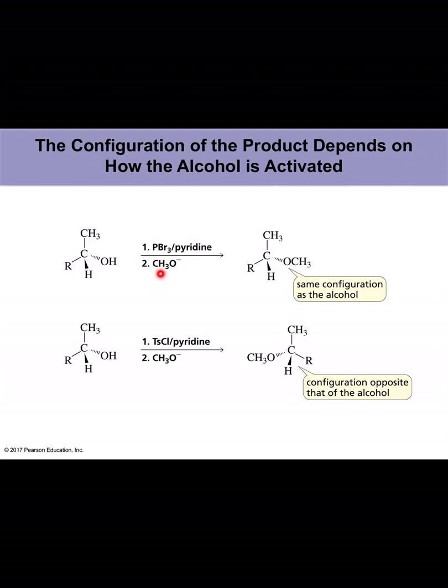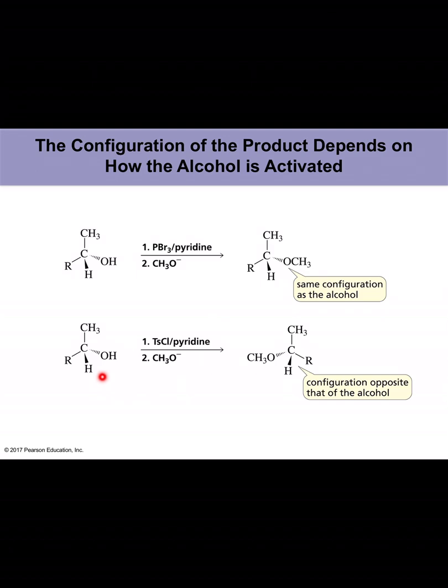And we are doing an experiment with phosphorus tribromide, pyridine, and a methoxide ion. And then the resulting product is a methoxide attached to carbon. So we have the alcohol configuration right here, oxygen, and the final product also has the same configuration.